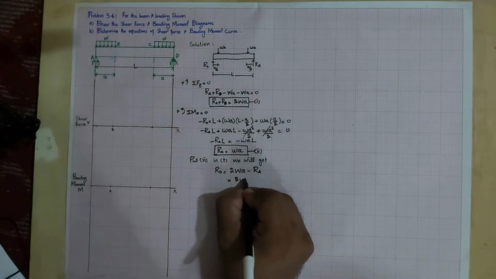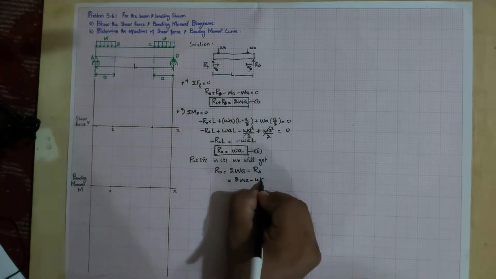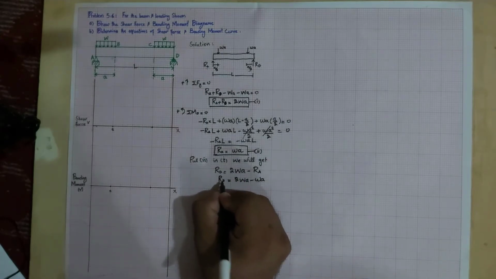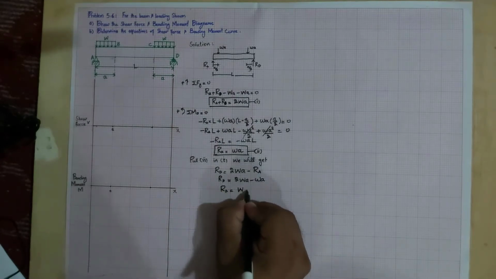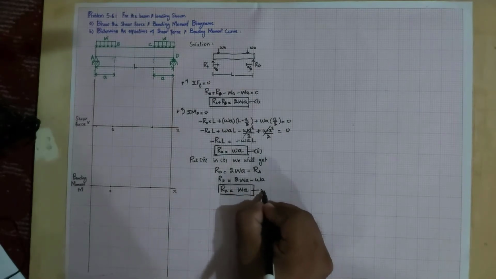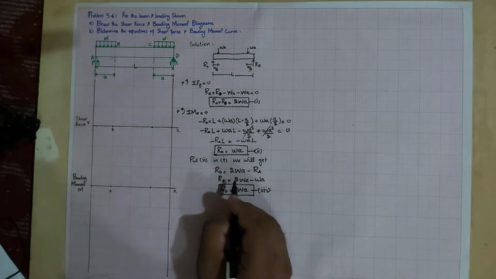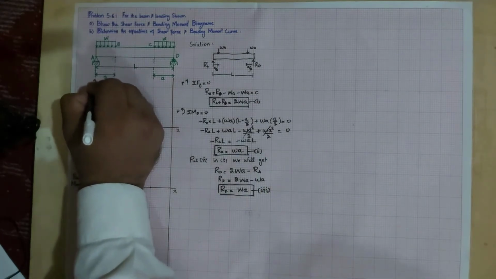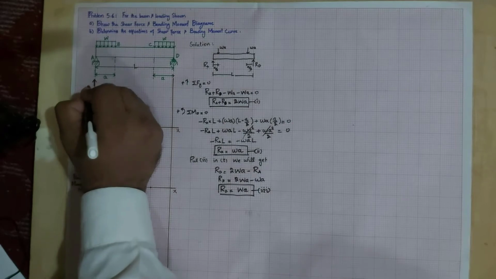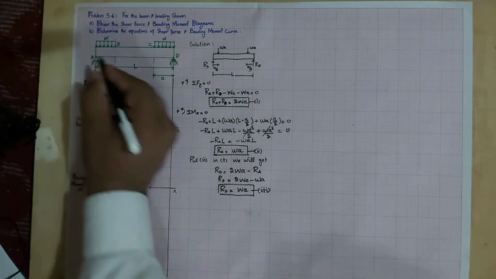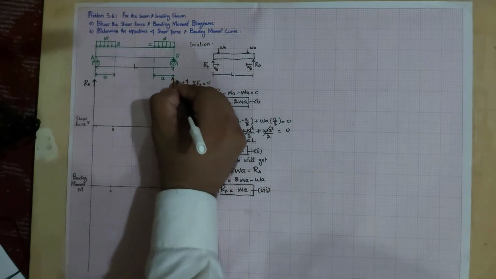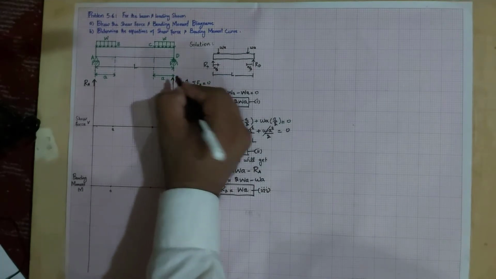So 2 times WA minus WA, so RD will be equal to WA. Both the forces are the same. Now we have found the reaction forces. If I draw the reaction forces at these points, removing the supports, this is RA and this is RD.